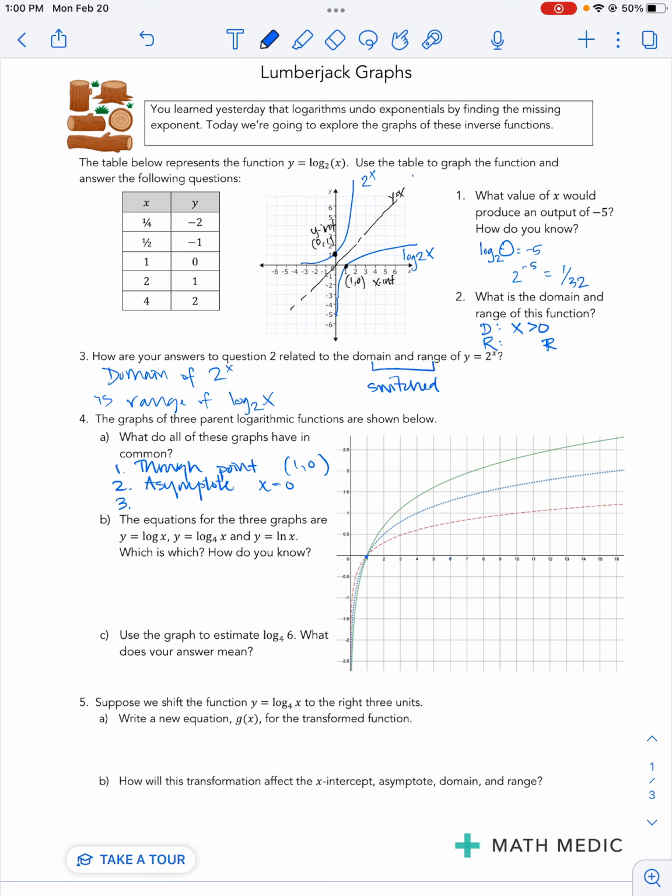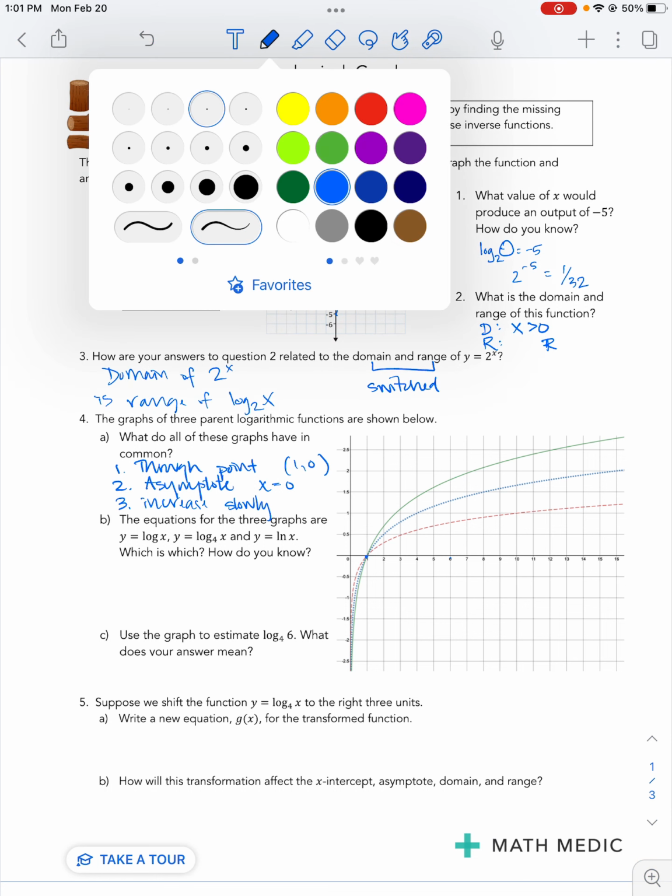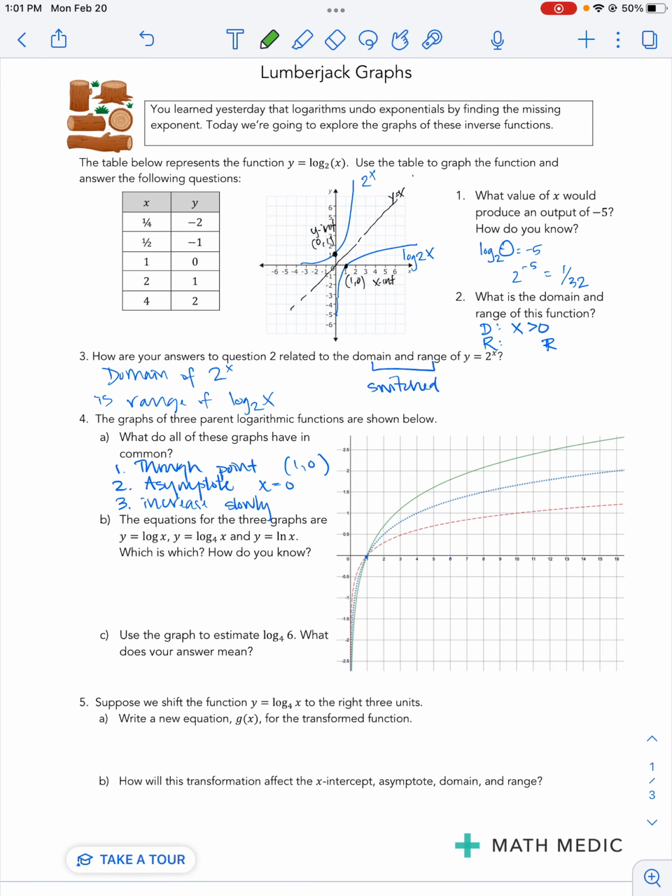All right, now, if we look at these three equations, y equals log x, y equals log base 4 of x, and y equals ln x, let's talk about which is which and why. Okay, we'll start at the top. That green function is ln x. How do I know? Because when y equals 1, x is not a whole number.